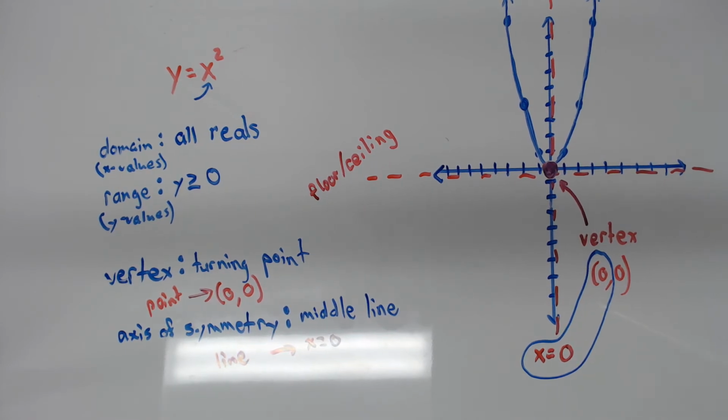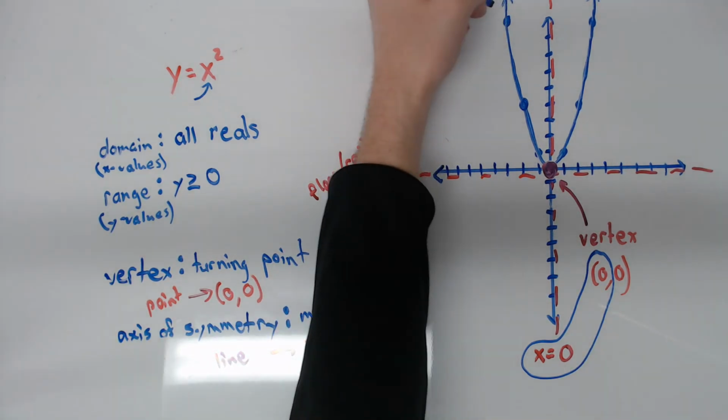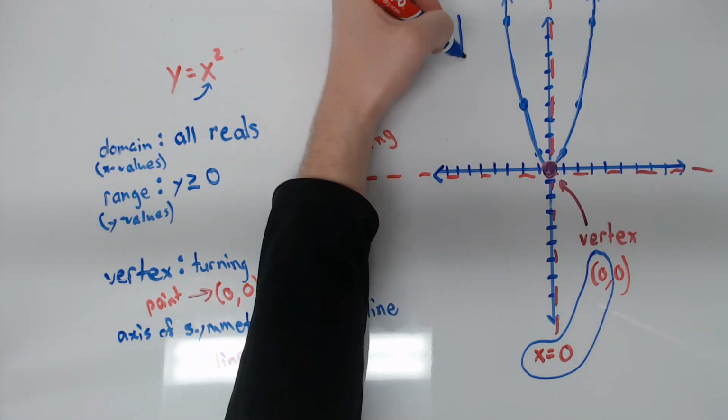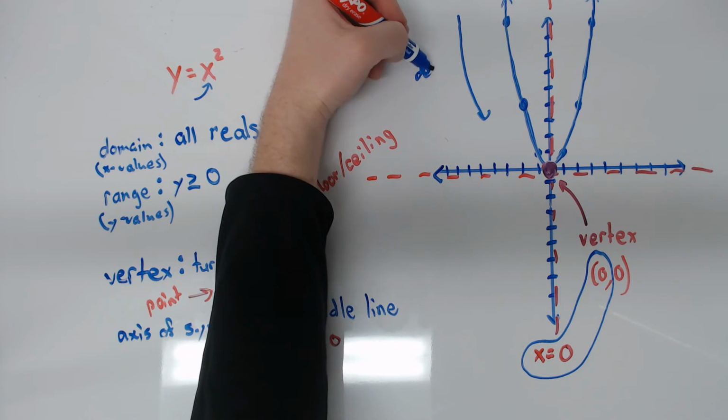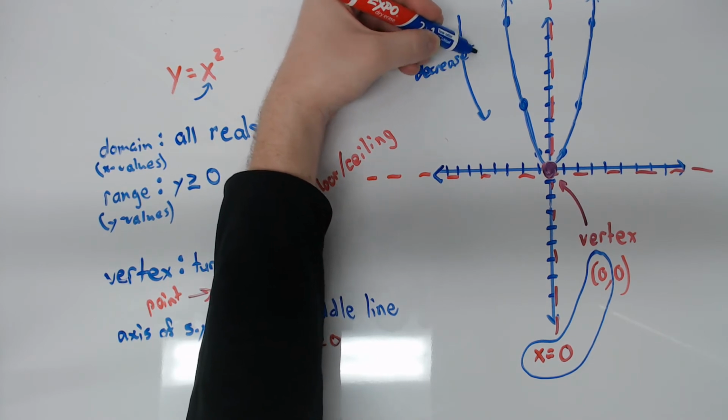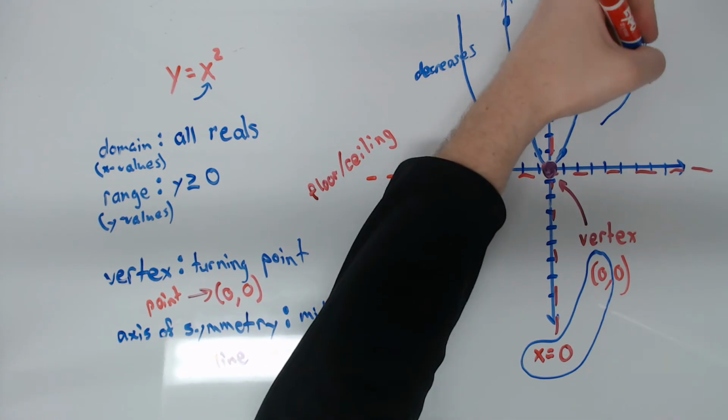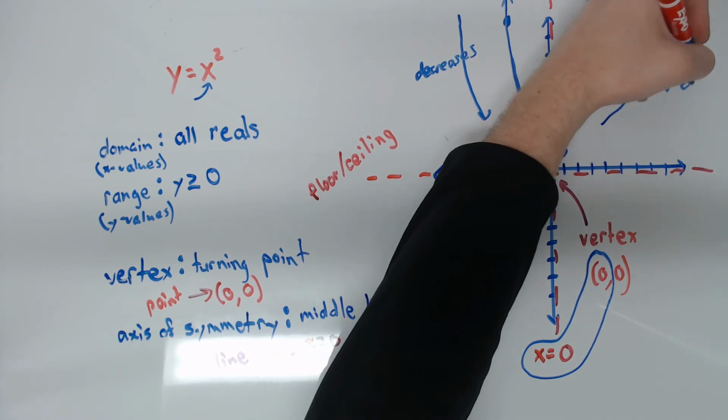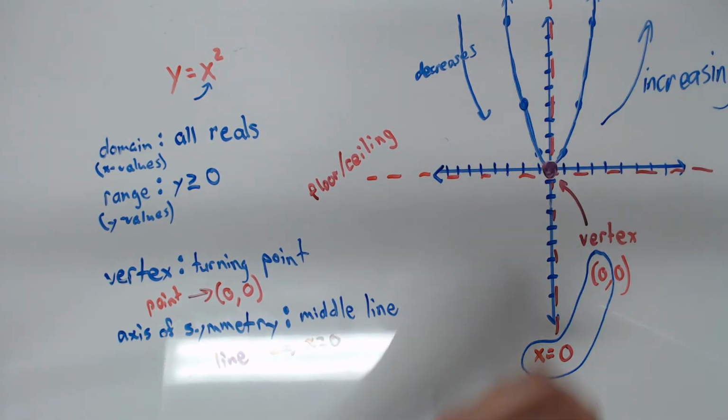All right, so those are all the characteristics we're really going to care about. There's other things too, like if I read my graph left to right, there are points where the graph is decreasing. It decreases over here, and it's going back up. It's increasing over here. So there's other stuff like that we can talk about.